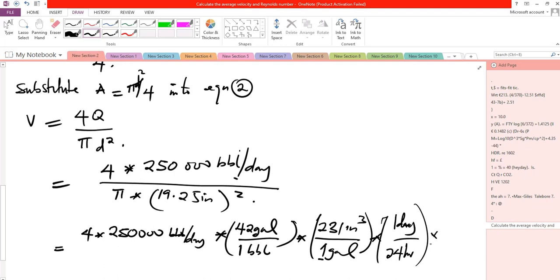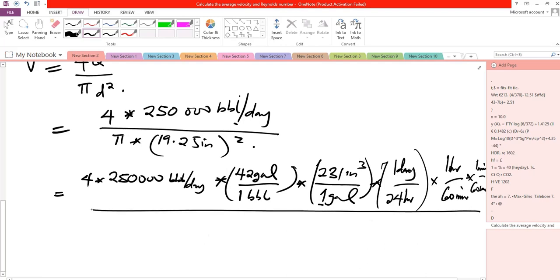To change this hour to minutes, you multiply by 1 hour divided by 60 minutes. Now to change the minutes to seconds, you have 1 minute divided by 60 seconds.